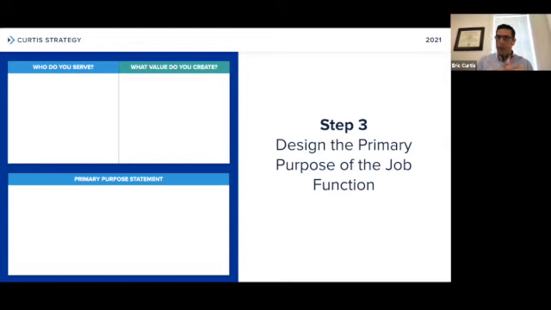And it starts with looking at the post as to who do you serve and what value you create. Those two things make up the purpose statement. So think of it like creating a mission statement for a particular job. The piece that's important to pay attention to here is the who do you serve.